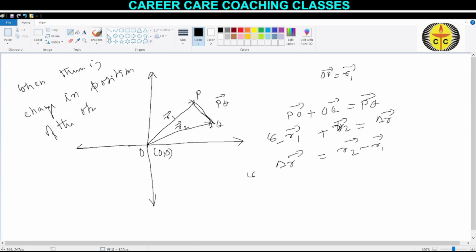What is displacement? Change in position, the difference in position vector.